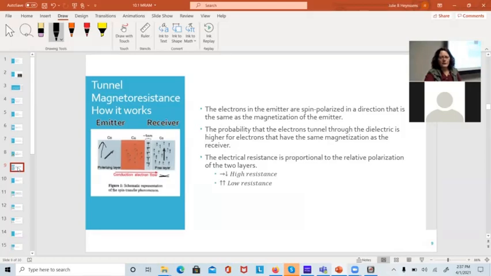When they want to tunnel across my very thin oxide here, I'm going to get a higher probability because the electrons over here are in the same state as the ones over there. So there's a higher probability that they're going to tunnel through. And if they tunnel through, it produces current.